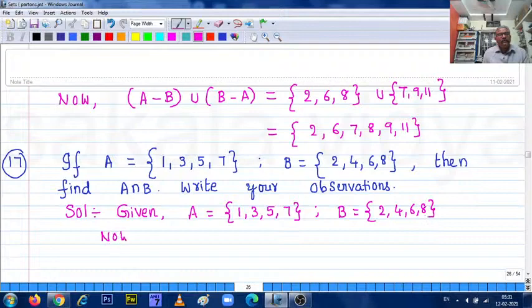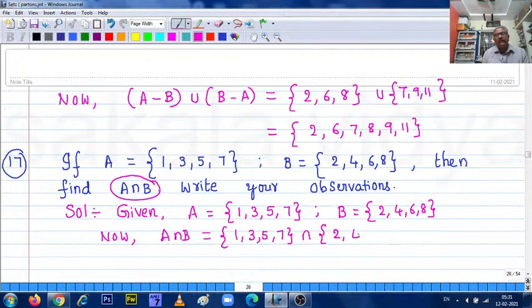Now find A intersection B, because you are asked to find A intersection B. This is important. Set A is 1, 3, 5, 7 and intersection 2, 4, 6, 8. What do you mean by intersection? The common elements we need to write. What are the common elements in these two? Nothing, only braces and empty. This is nothing but phi.